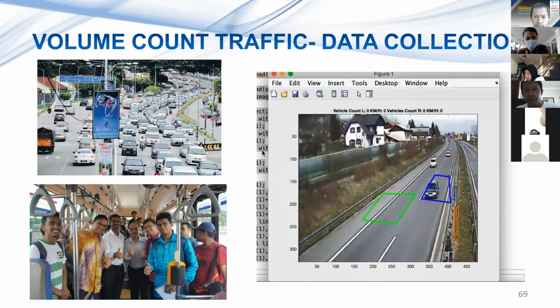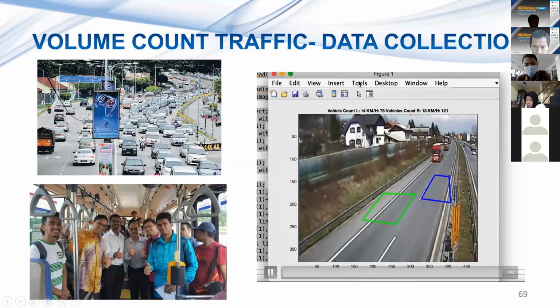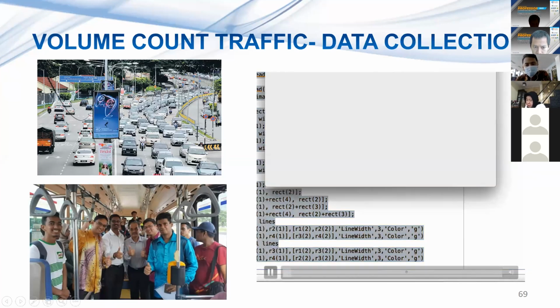They just sit there and observe to take the data. But now, using this system, the local authority may save around 23% of their total budget for data counting and data tracking in particular areas in Penang. So this will be very good work that we can implement more.